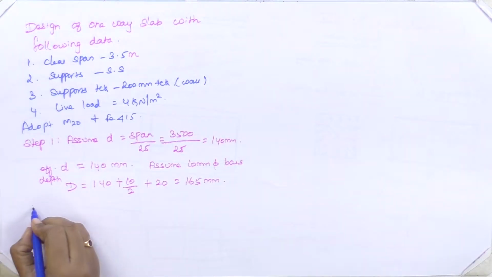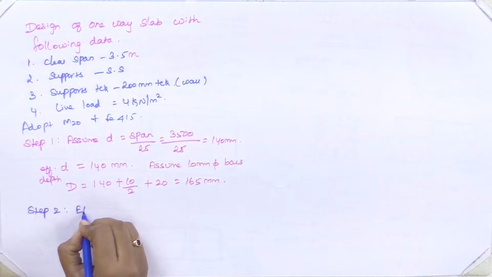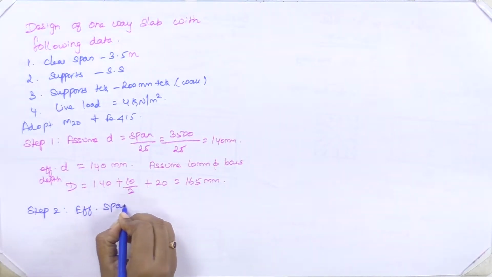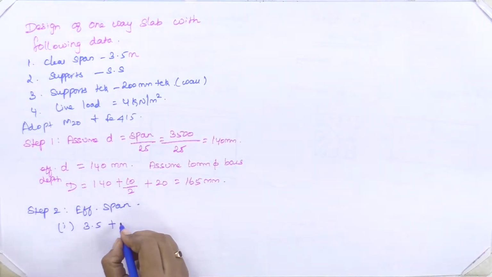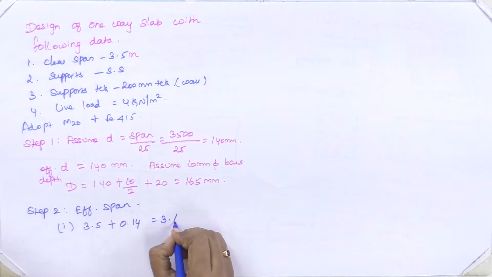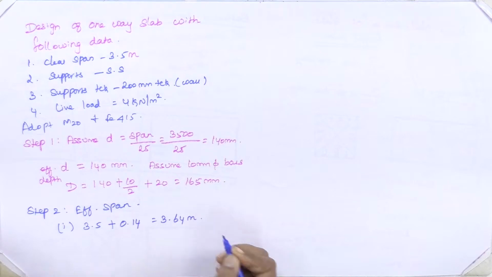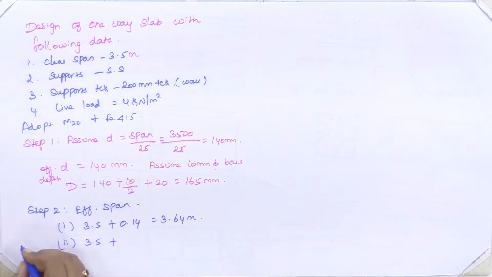Then step 2 is calculation of effective span. First one, the clear span 3.5 meter plus the effective depth, that is 0.14, that is 3.64 meter, or 3.5 plus center to center of my supports.